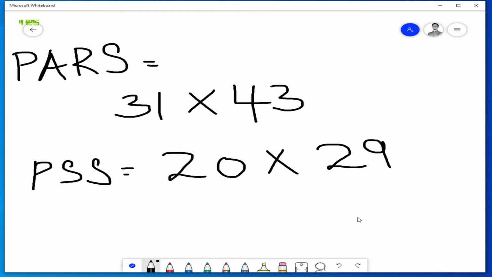Okay, can you see this? Semua boleh nampak? So what we can do here, we can calculate this. So how do we calculate this? Okay, so now. Okay, next is ni.